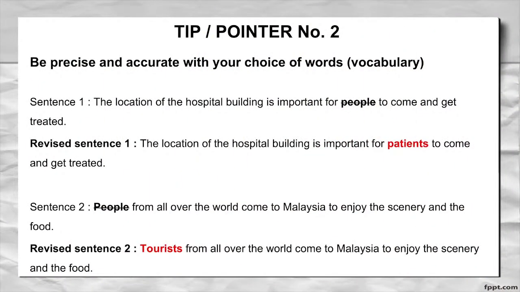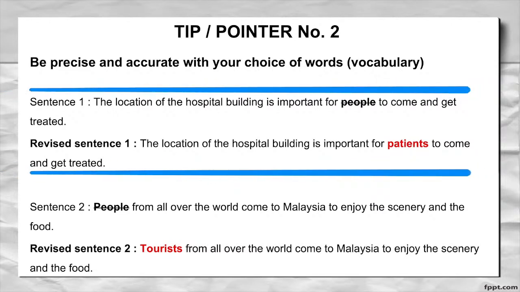For sentence 1, let's change the word people to patients. P-A-T-I-E-N-T-S. Here's the revised sentence. The location of the hospital building is important for patients to come and get treated.